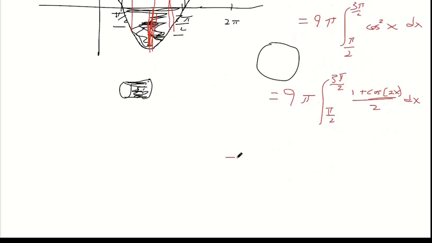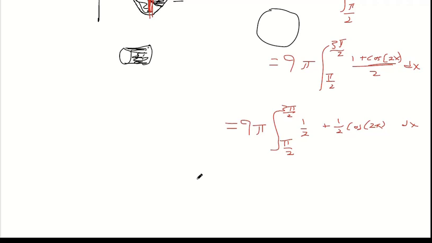And that's something we can integrate. So this is 1/2 plus 1/2 cosine 2x, and this is all with respect to x.